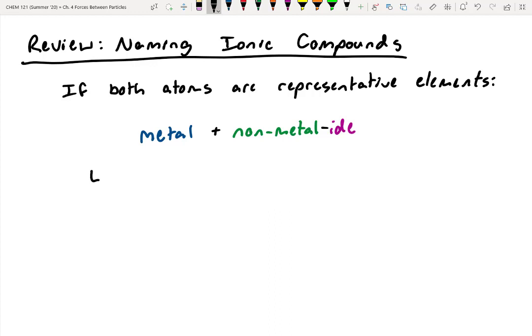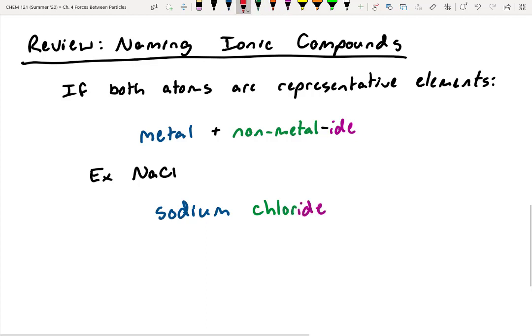Okay, so let's take an example. And in this example, we'll just do NaCl. So in this case, like we said in our previous video, we just list sodium first. We don't say monosodium just like we wouldn't in covalent compounds. And then we're going to have a space. And then we're going to do chlorine next. But we're not going to say monochloride. We're just going to say chloride.